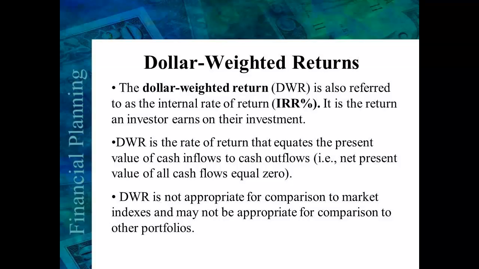Because it takes into account the timing of cash flows into and out of an account, dollar-weighted return can be a very useful measure of a portfolio manager's performance. Dollar-weighted return is not appropriate for comparison to market indices and may not be appropriate for comparison to other portfolios.